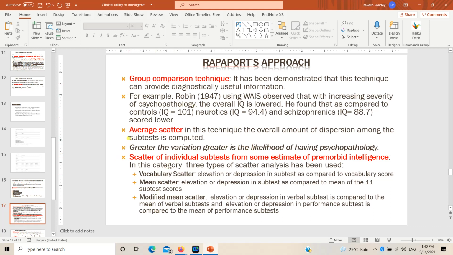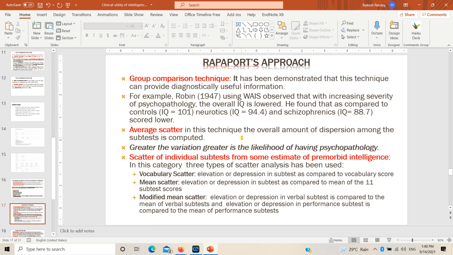As I mentioned in the earlier class, if we can compute some measure of dispersion, a measure of variance in the subtest score performance, like standard deviation or average deviation, and if this is high, then it shows that the individual has shown scattered test performance.